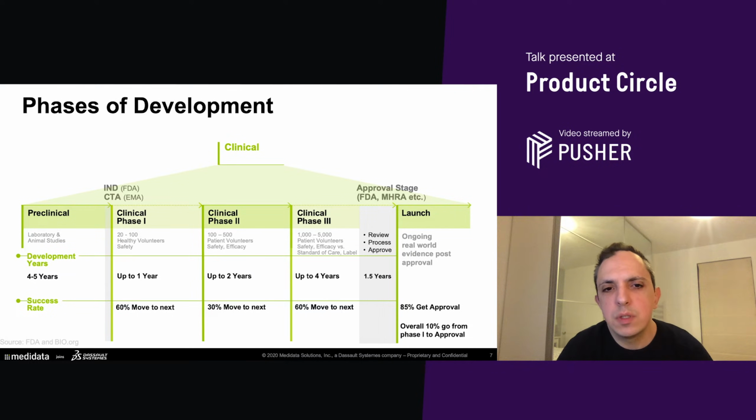Phase 3 now is the longest of the phases. This is where the investigators start looking at the details of the effects of the drug. So this is where they are trying to establish that a drug is more effective than anything else that's out there in the market.